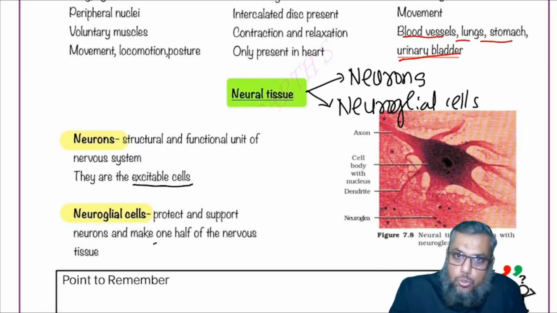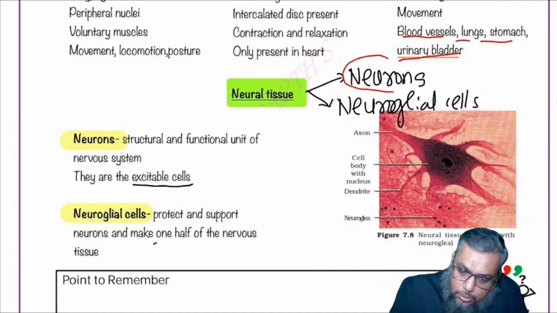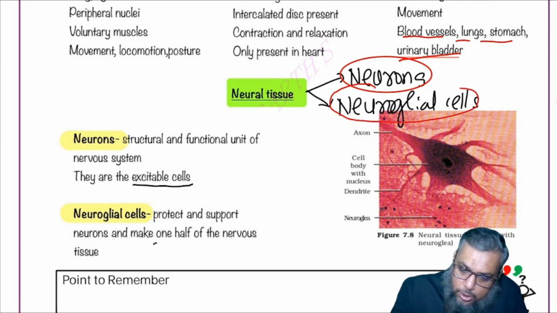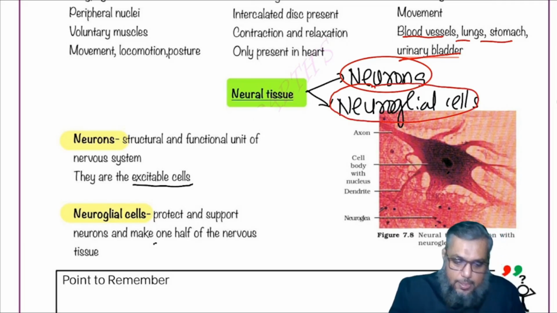It's a neural tissue which is made up of two types of cells, as we have written over here. They are the neurons, which are the structural and functional units of the nervous system, and the supportive cells, which are called as neuroglial cells.